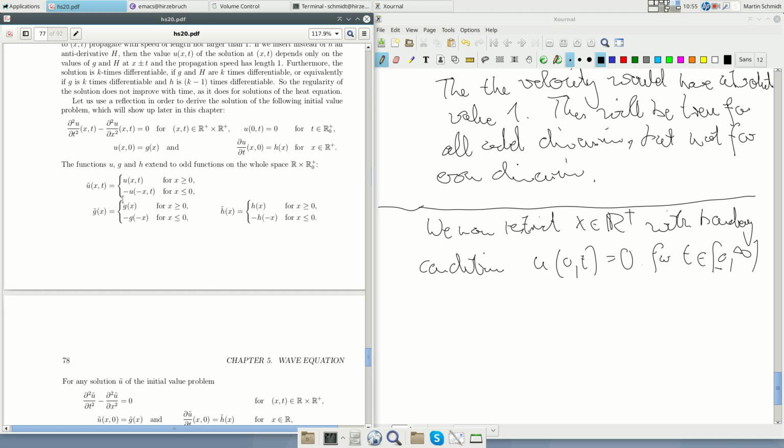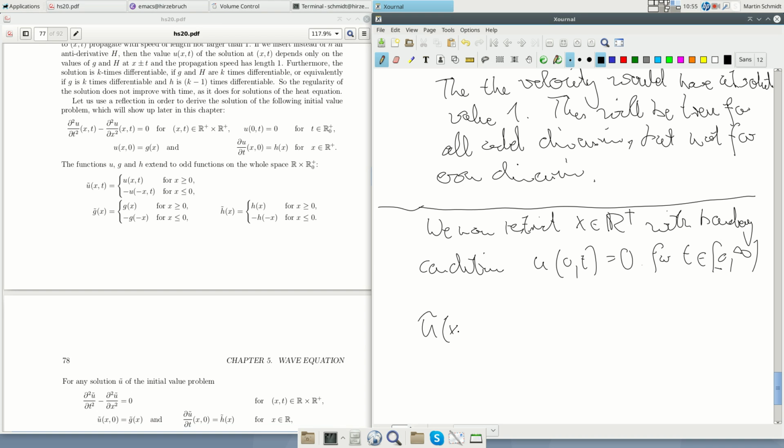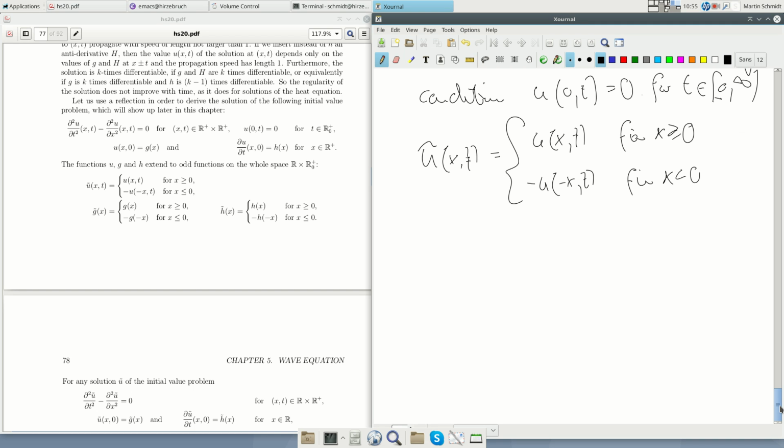We define u tilde of x,t by reflection: it is the usual u for x non-negative, and minus u of minus x,t for negative x. So we extend it by reflection, adding a minus. Then I claim u tilde is twice differentiable.